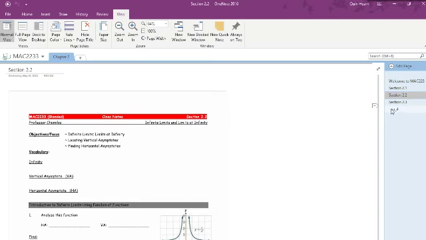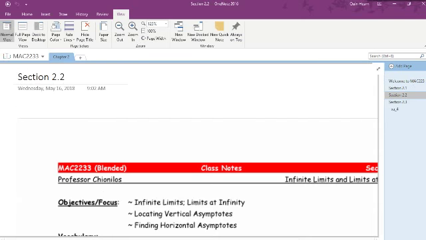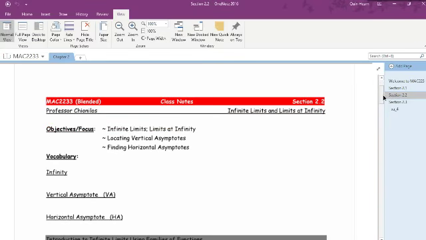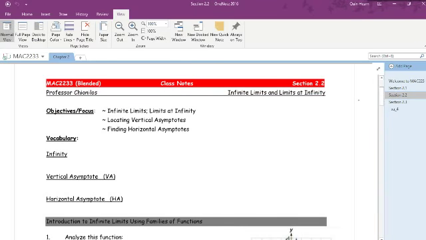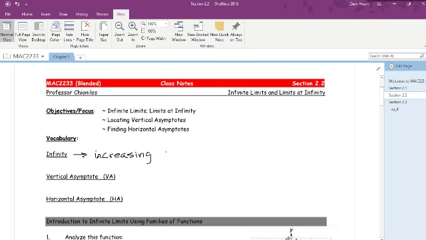Okay, section 2.2 now. In section 2.2, we're talking about infinite limits and limits at infinity, locating vertical asymptotes, and finding horizontal asymptotes. All right, so when we see the word infinity, we're talking about increasing values without bound.